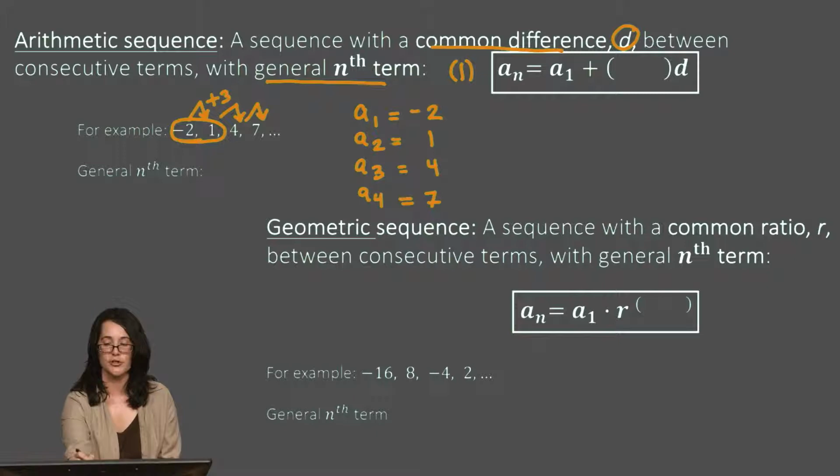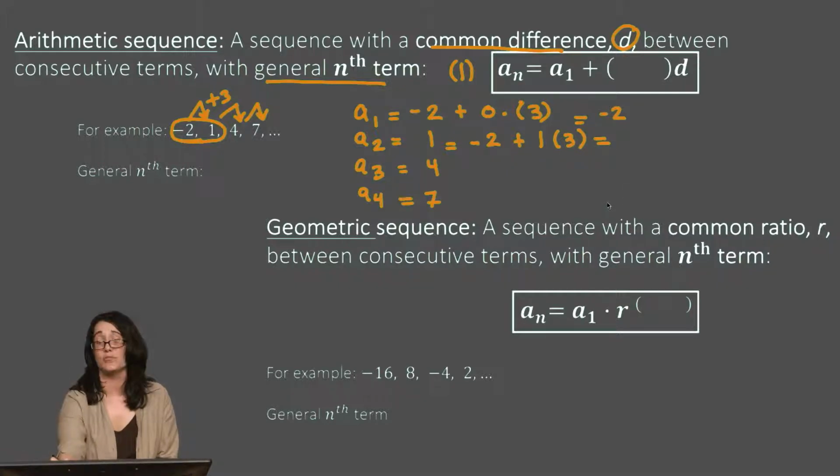So what I'd like to show you is that to get your first term, you really added no copies of d, where d was 3, right? It was just -2. But where you got a 1, you started with your first term of -2, but you really added 1 copy of d, where d was your common difference, 3.